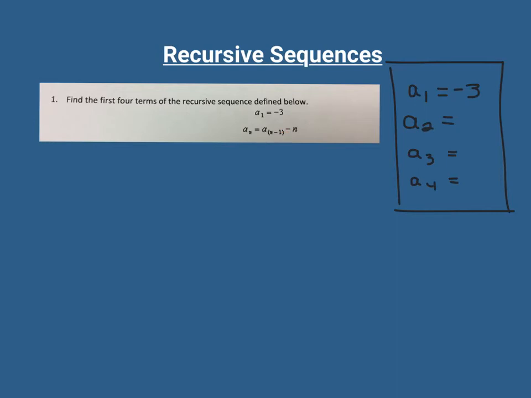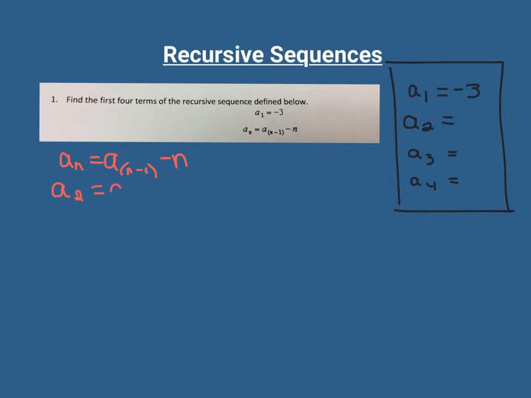Let's start off with a sub 2. Let me write this formula first: a sub n equals a sub n minus 1, minus n. To find the second term, I'm going to replace this n with a 2. So anywhere I see an n, I'm going to replace it with a 2.